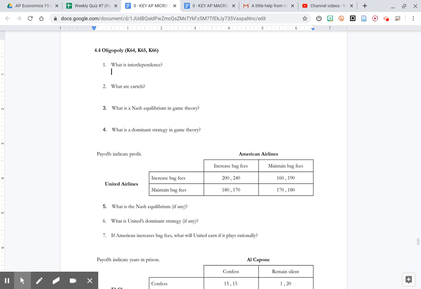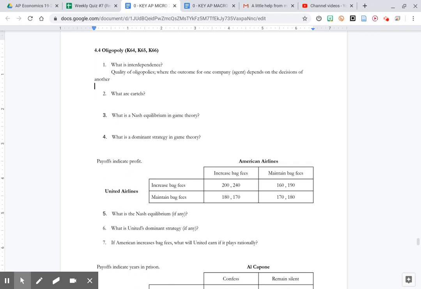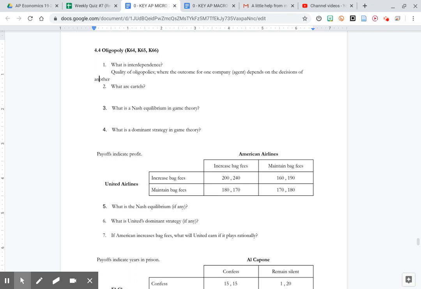That being said, interdependence is a quality of oligopolies where the outcome for one company, or we could just say agent or an actor, depends on the decisions of another actor, agent, person who's involved in some form.